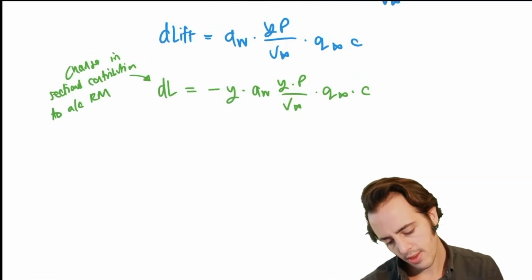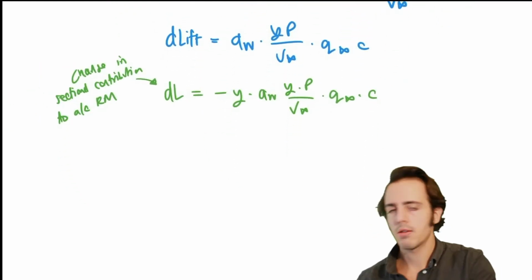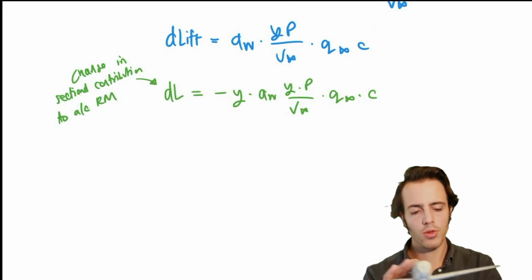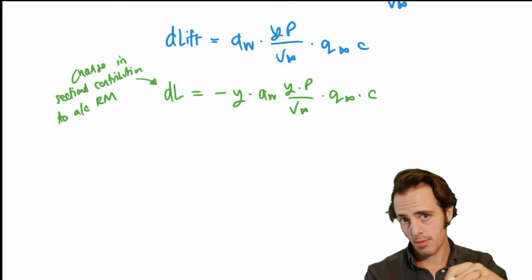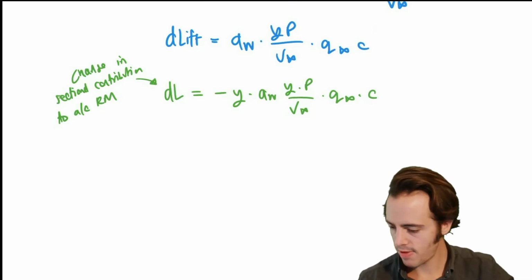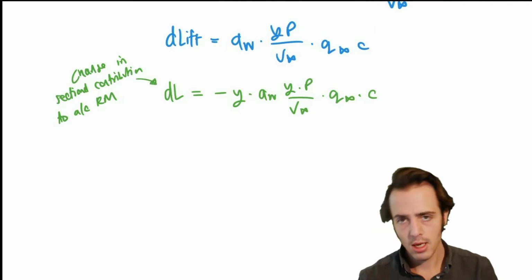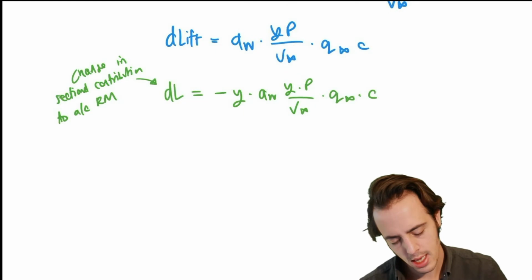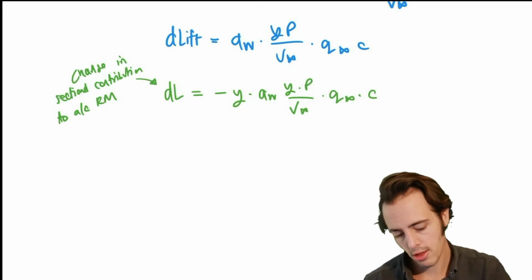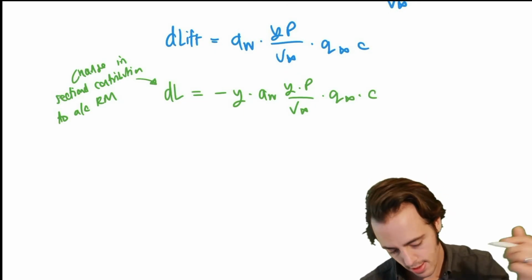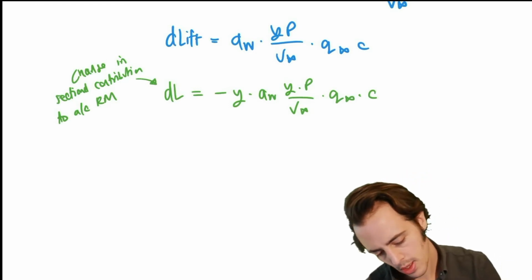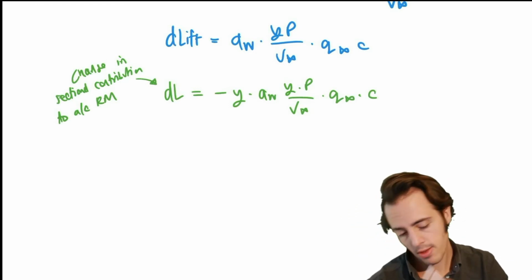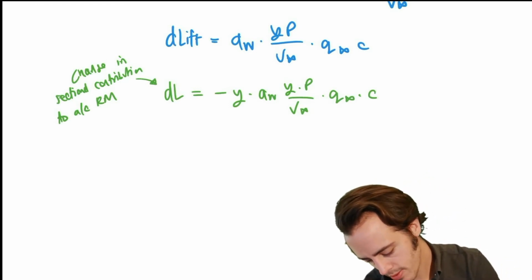So that's the change in the positive rolling moment due to the lift produced at some position y. Okay, and this is valid for both the port and the starboard wing because the sign of y changes, and that is present in both here and here, and that's going to then change the whole expression to give us the correct sign on the moments. So we can then integrate this expression to get the whole rolling moment.